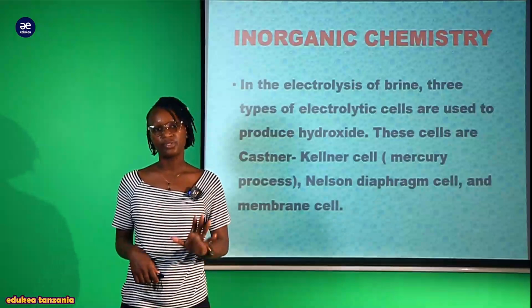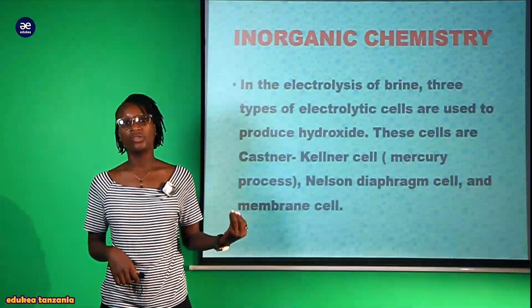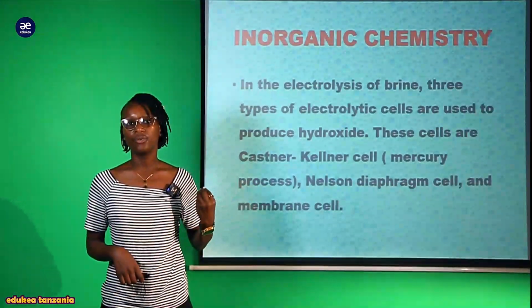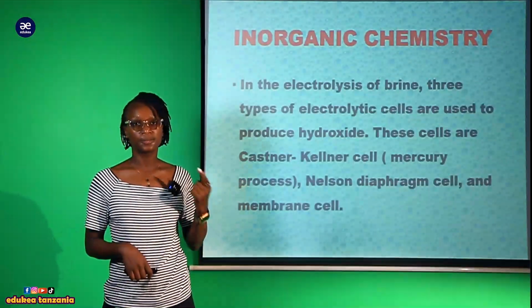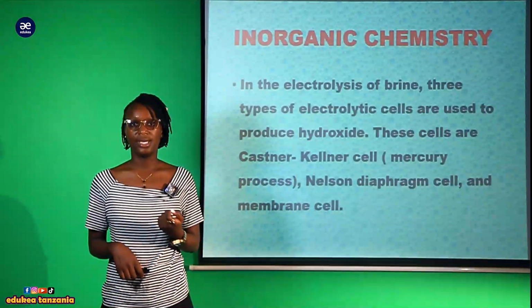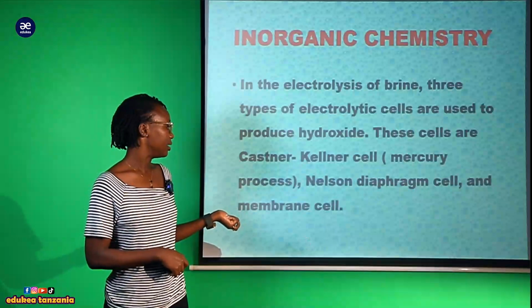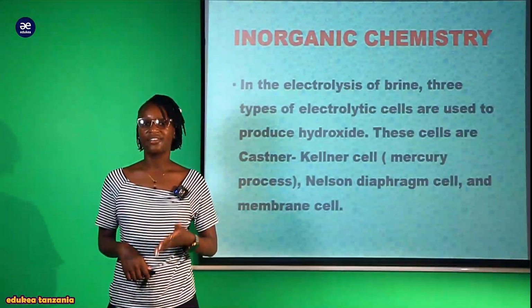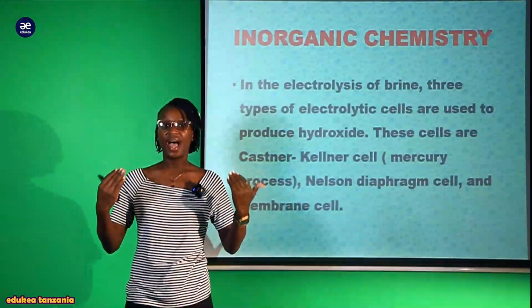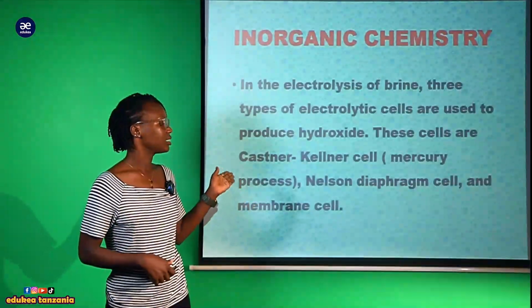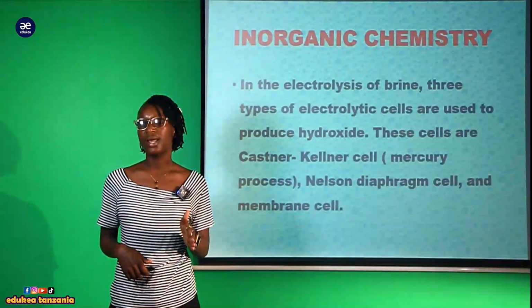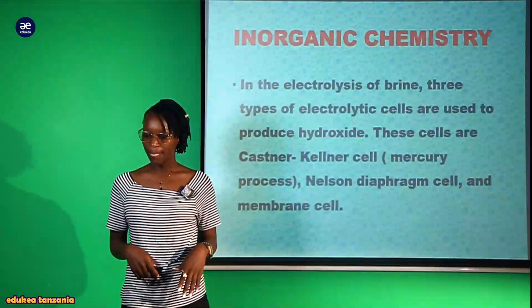In the setup we will see our diagram showing the production of sodium hydroxide by electrolysis. We will see how the membrane cell works, but also the Nelson diaphragm cell, and the Castner-Kellner cell, which is known as the mercury process.